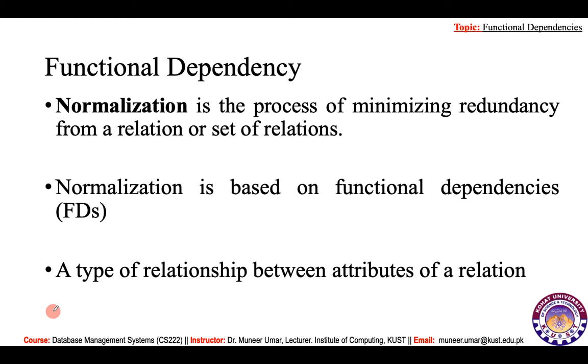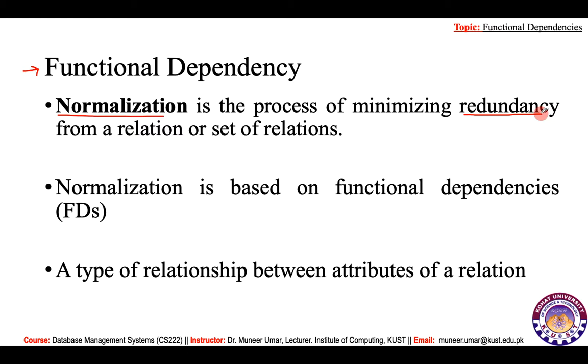Before starting the functional dependency, I want to let you know that we need this functional dependency mainly for the process of normalization. As you know, normalization is the process of minimizing redundancy from a relation or a set of relations. We have already studied database anomalies in our previous lecture, which was about the issues we face due to redundancy in databases.